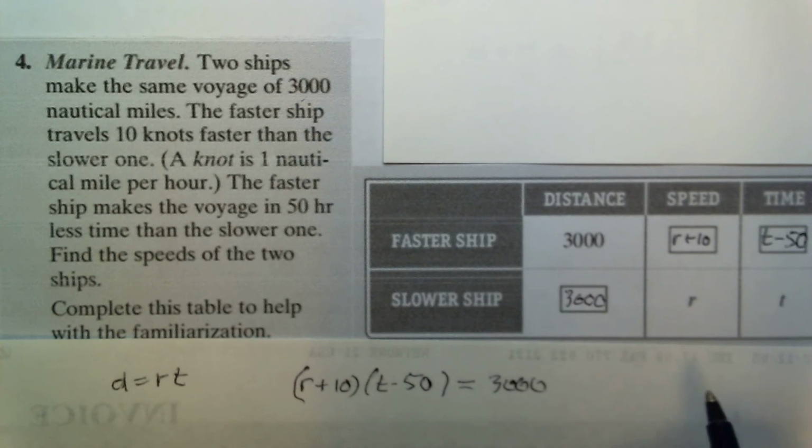And for the slower ship, r times t equals 3,000. So these are the two defining equations.